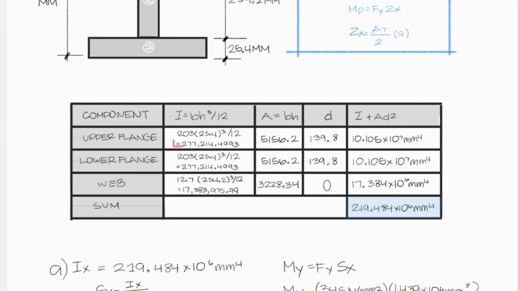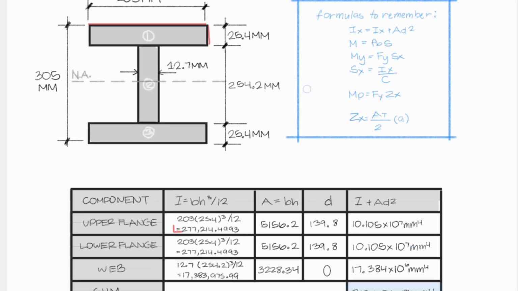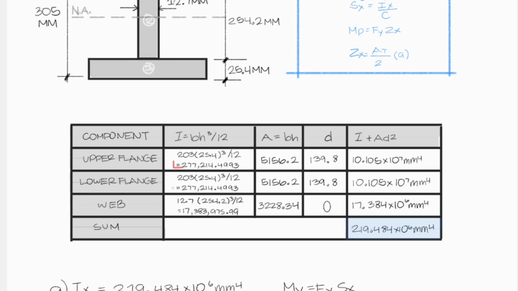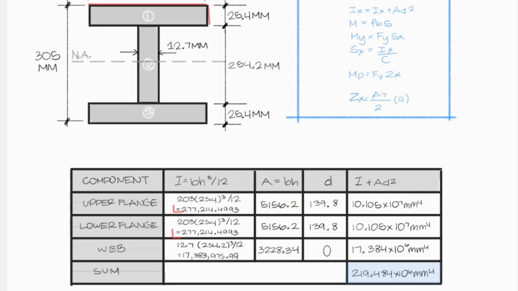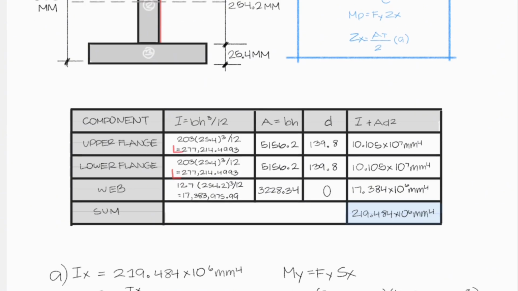Since the upper flange and the lower flange are symmetrical, they will have the same exact value. The web has a base of 12.7 multiplied by 254.2 millimeters cubed over 12, with an answer of this.